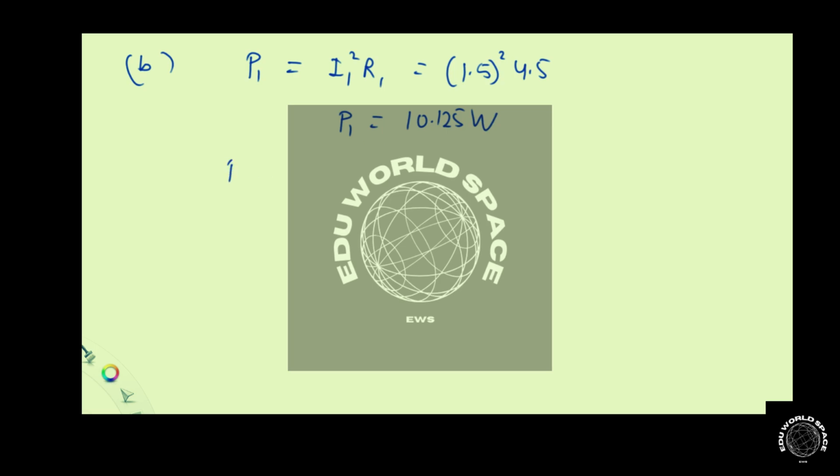And across the other three bulbs, as these are in parallel and identical, P2 will be equal to P3 will be equal to P4. Current in them is 0.5 each, squared, multiplied by the resistance 4.5 each. So P2 is equal to P3 is equal to P4, calculated to be equal to 1.125 watt. So these are the answers for part B of this problem.